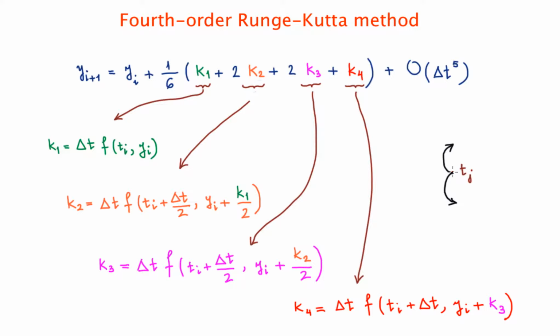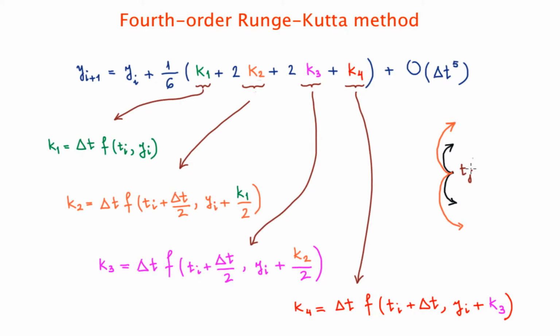In this case, the philosophy is pretty much the same, but we are going to consider not two Taylor expansions, but four Taylor expansions. So we're considering another two more Taylor expansions symmetrically in order to get the approximations for the y functions at four different time points, located symmetrically with respect to this reference time tj.